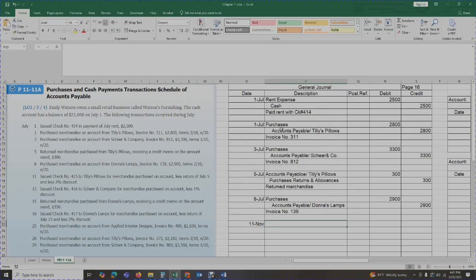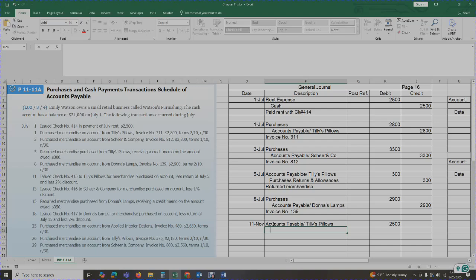Remember, on the accounts payable, we credited $2,800 and then we debited $300. That means that right now I'm going to clear my accounts payable for Tilly's Pillows for the difference of $2,500. At this point, we don't owe any money to Tilly's. We're liquidating our balance.